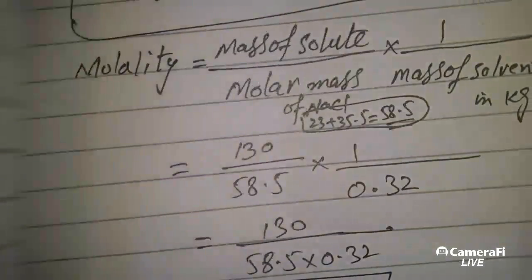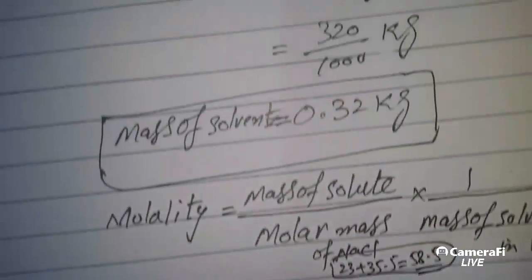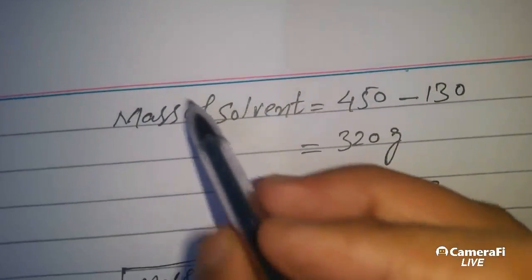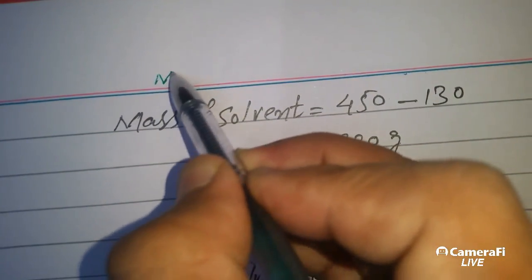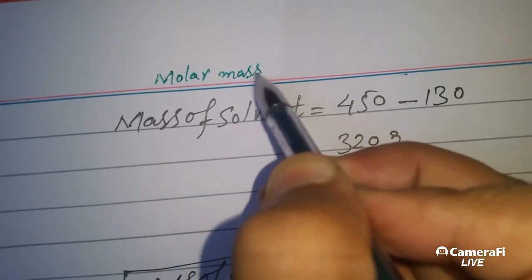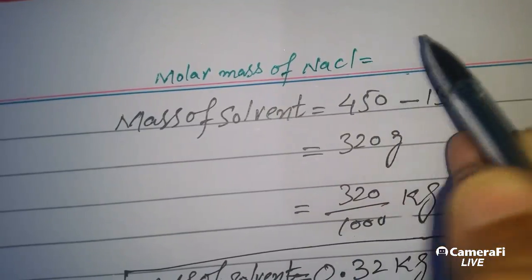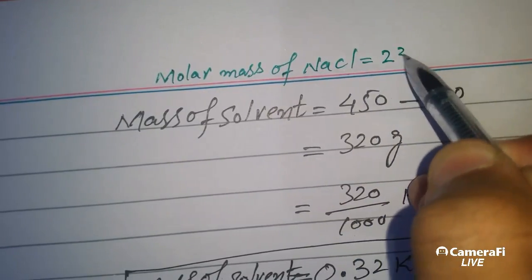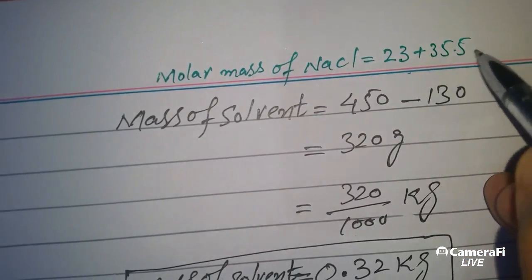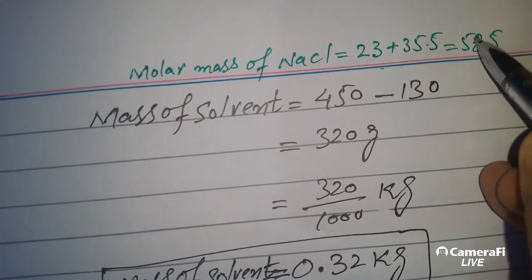Now the only thing that is missing here is the molar mass of NaCl. We can calculate it here. Molar mass of NaCl: as we know, sodium is 23 and chlorine is 35.5, which is equal to 58.5.